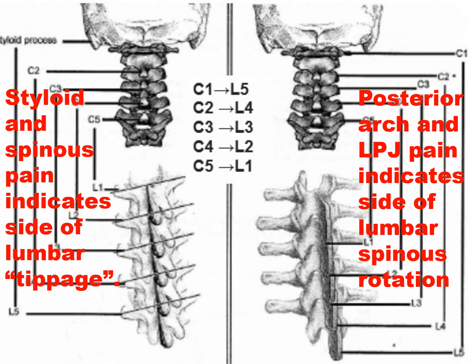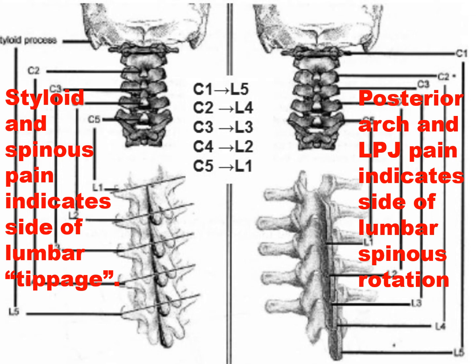The L5 corresponds to the styloid or atlas. You see, atlas doesn't have a spinous process. So the muscles that would normally attach to the spinous of atlas, if it had one, are attached to the styloid. That's why we use the styloid on the other part of this picture to tell us tippage.